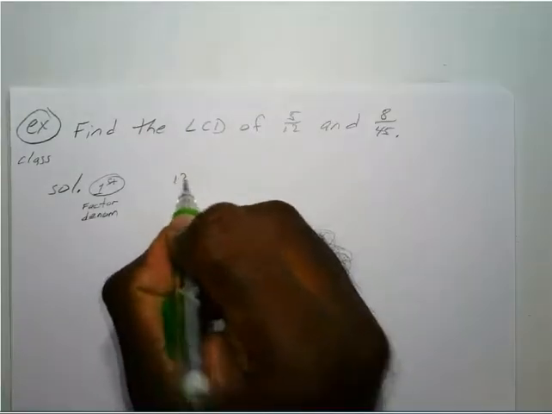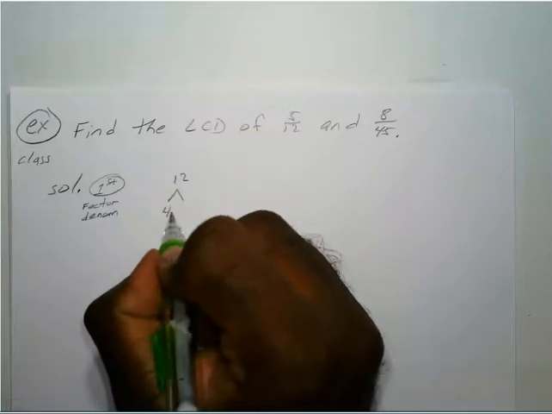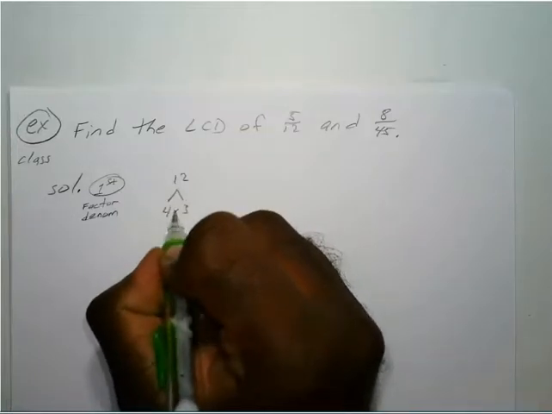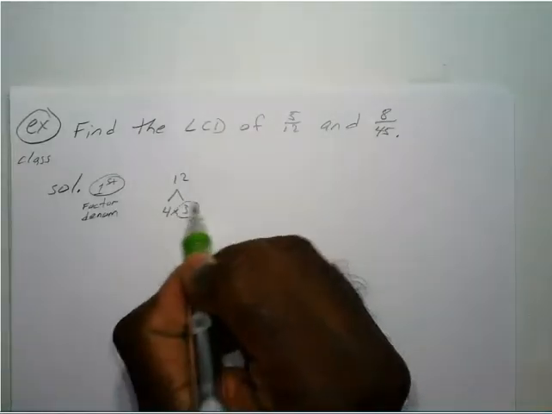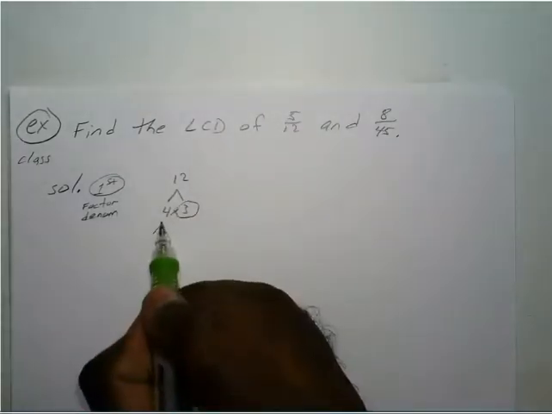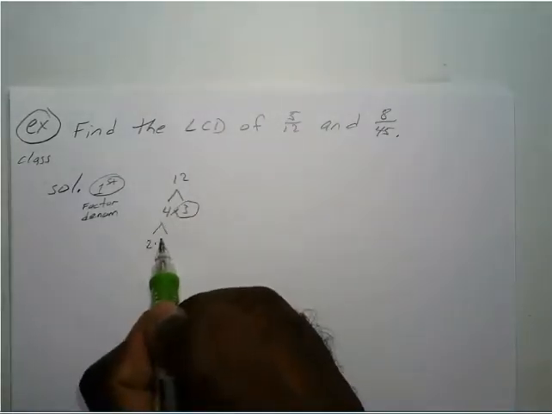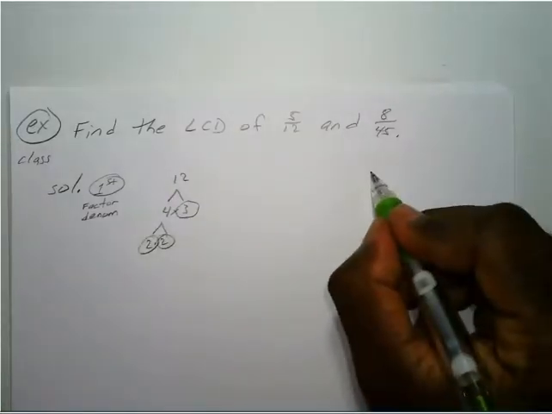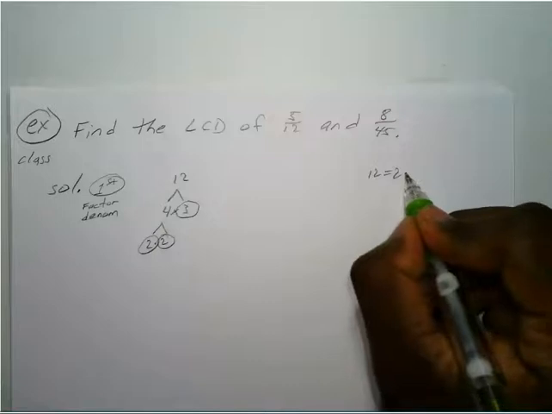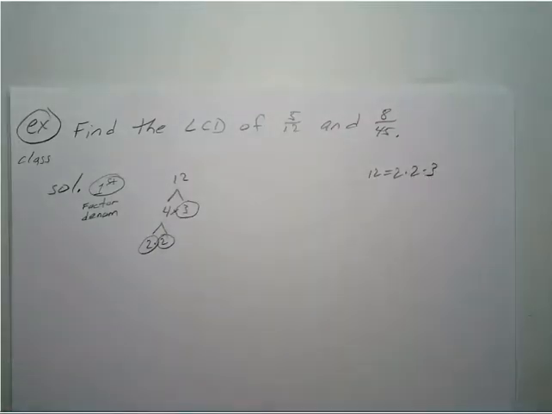So we know that 12 is 4 times 3. And that 3 can't be simplified, but that 4 can be factored to 2 times 2. So we know that 12 is equal to 2 times 2 times 3, just like it was in the last example.